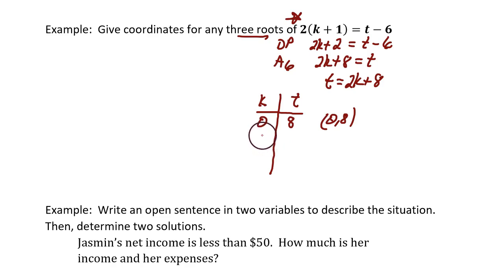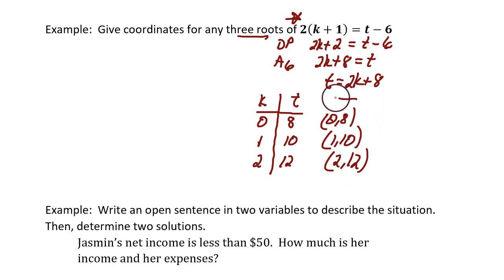Another number that's easy would be to use 1 for k. 2 times 1 is 2 plus 8 is 10. 1, 10 is an ordered pair. And let's try 2. 2 times 2 is 4 plus 8 is 12. 2, 12 is an ordered pair. Here are 3 roots or solutions to the original equation.